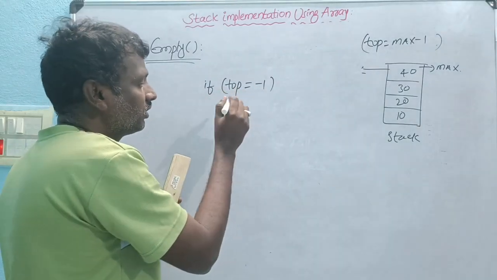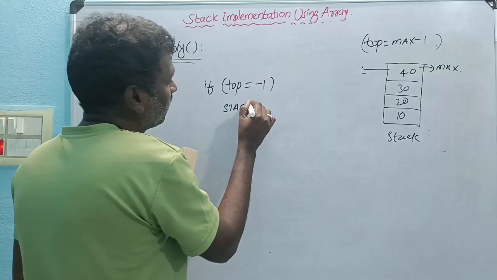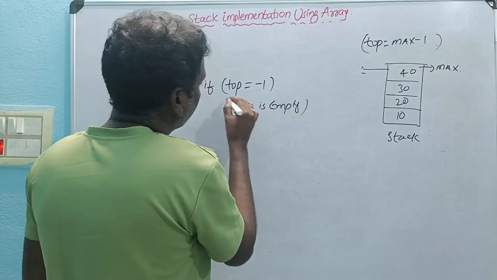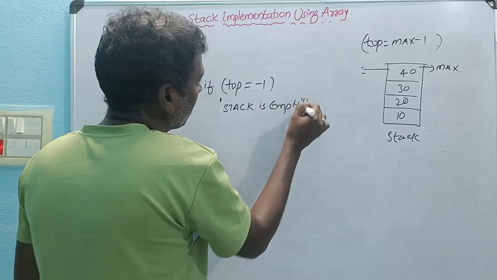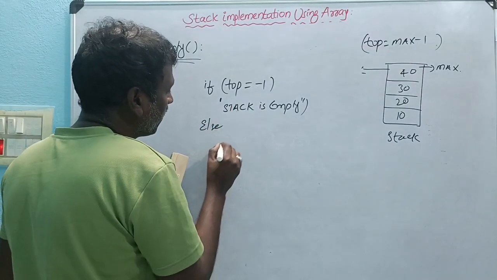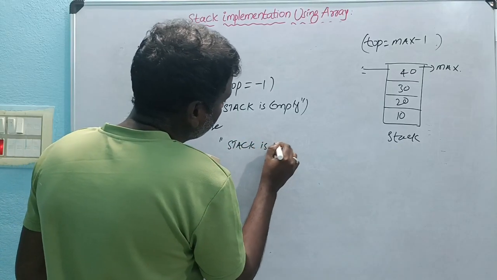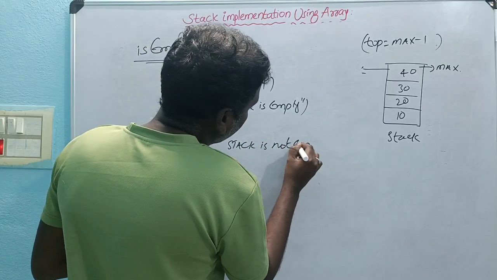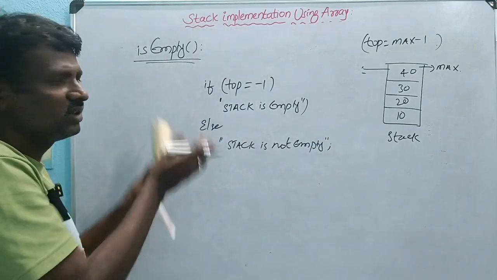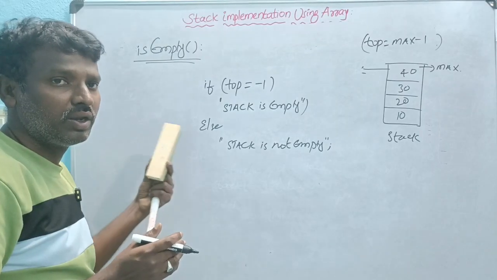If top equal to -1, it returns stack is empty. Otherwise, in the else part, stack is not empty. This is the simple logic for checking whether the stack is empty or not.